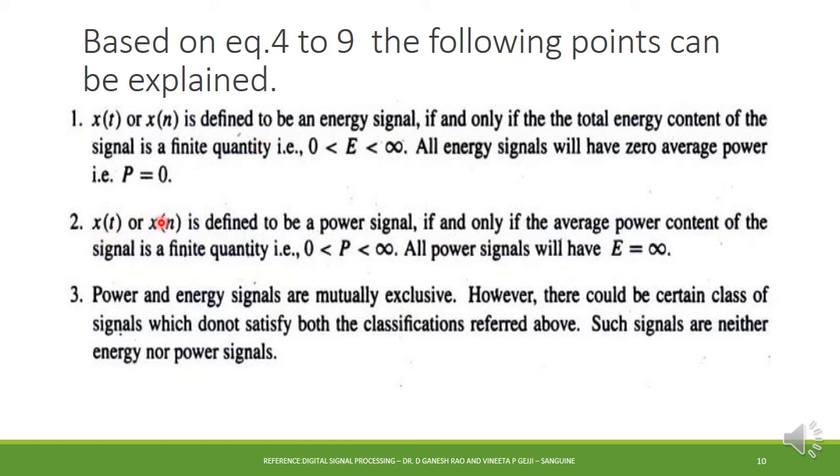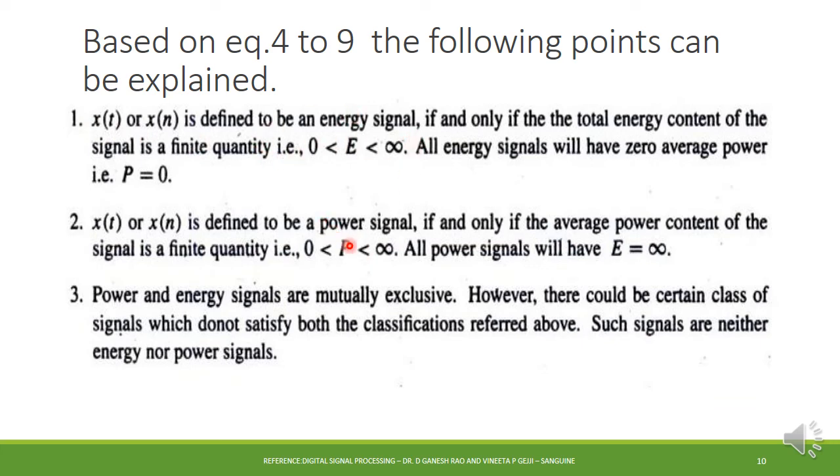Next, x of t or x of n is defined to be a power signal if the energy is infinite and the power lies between 0 and infinity. When energy lies between 0 and infinity, then power is equal to 0, and x of t and x of n are called energy signals.